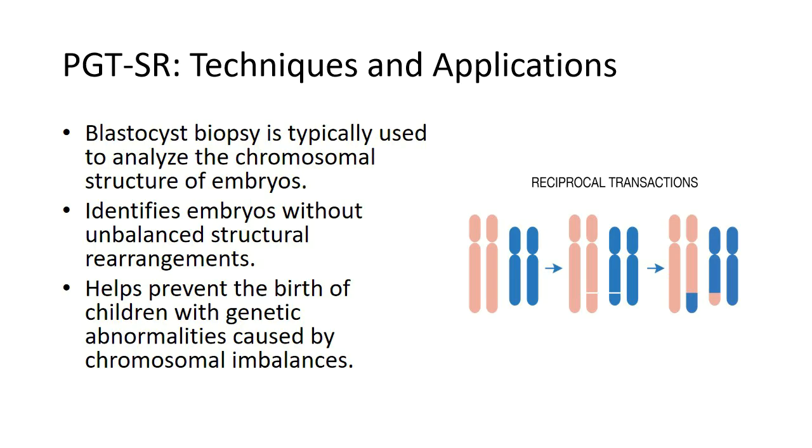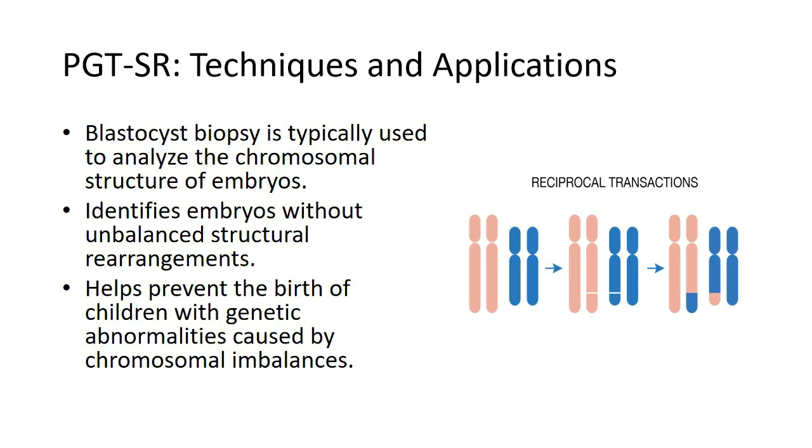Similar to PGT-A, a small sample of cells is taken from the embryo for genetic analysis. The sample is analyzed to determine if the chromosomal rearrangements present in the parents have been passed to the embryo, ensuring that only embryos without unbalanced chromosomal arrangements are selected for transfer.